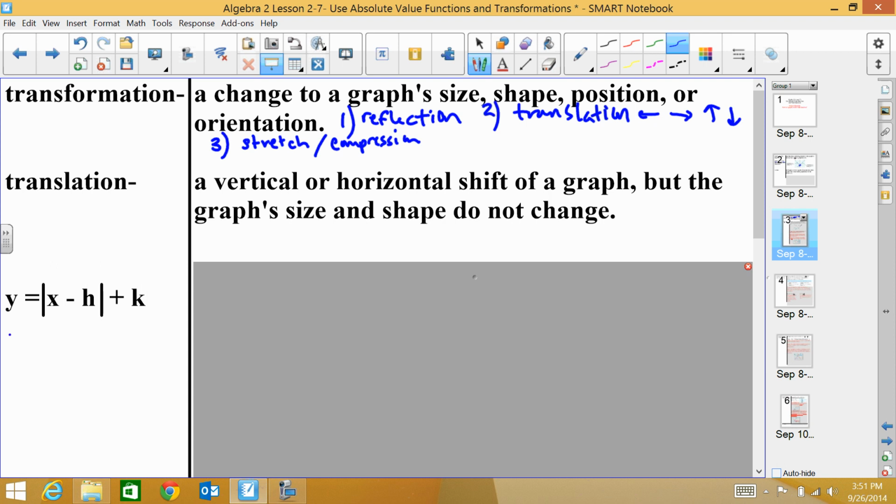Now this formula or equation, y equals the absolute value of x minus h, plus k, is the general format of an absolute value function. And looking at the numbers in that formula will tell you what happens to the graph before you graph it.